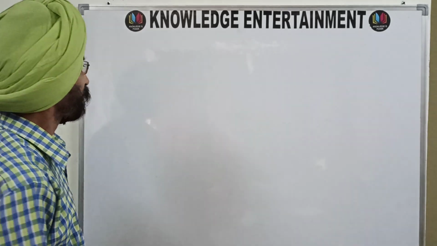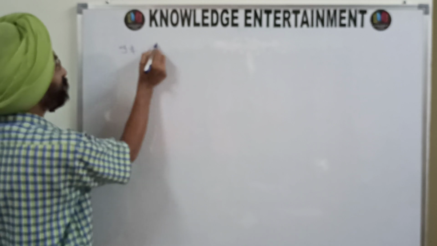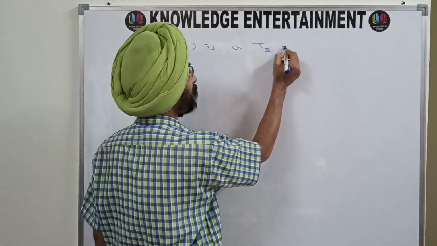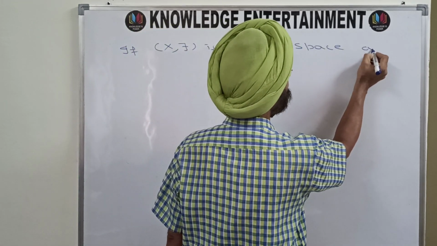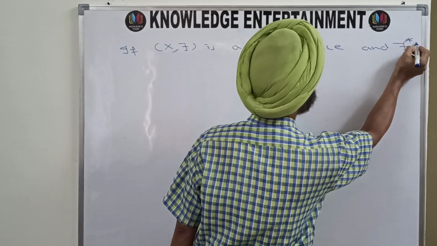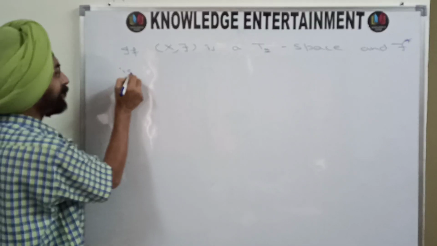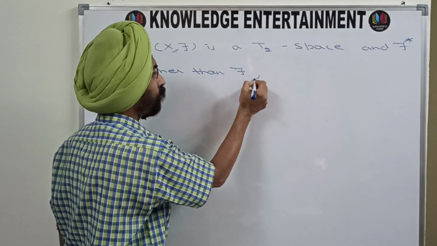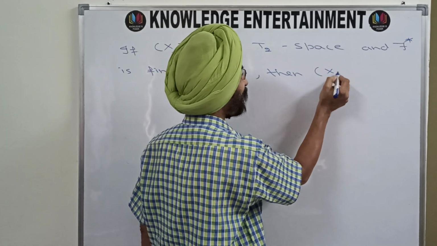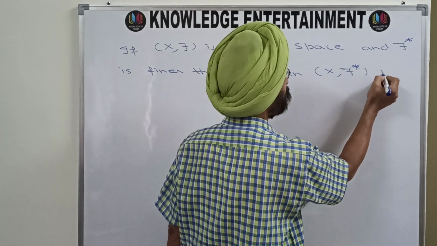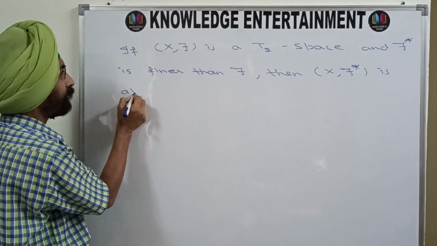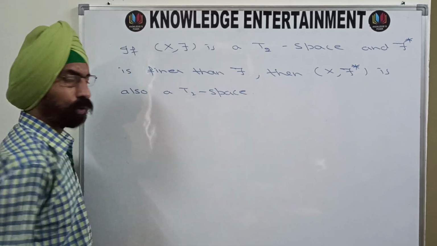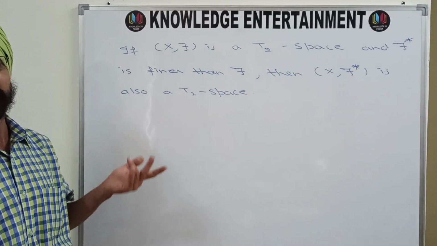Another thing is that if (X, tau) is a T2 space and tau star, another topology, is finer than tau, then (X, tau star), this topological space, is also a T2 space. This is also a T2 space, and the proof is very easy.